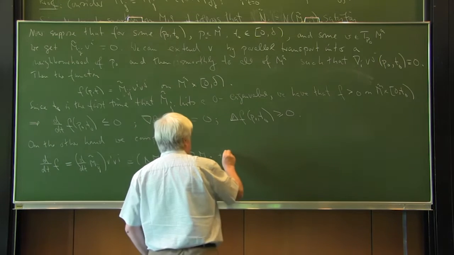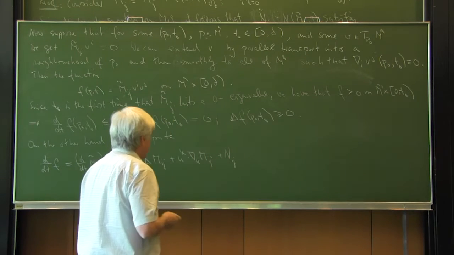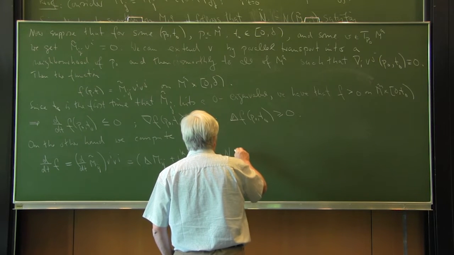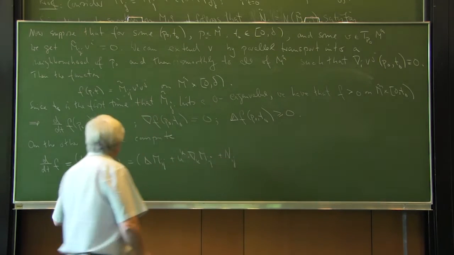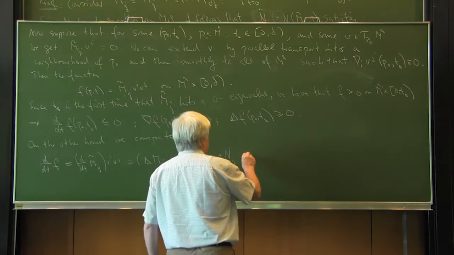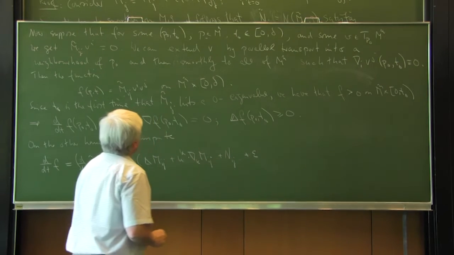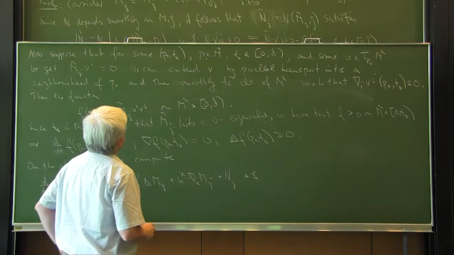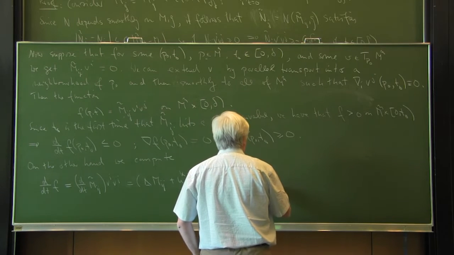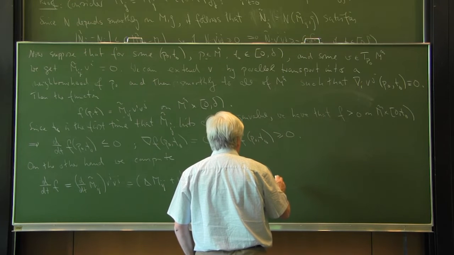Plus Nij times, right, and then, but in m tilde there was another term. So there was this extra term plus epsilon times Gij, and this whole thing is multiplied.